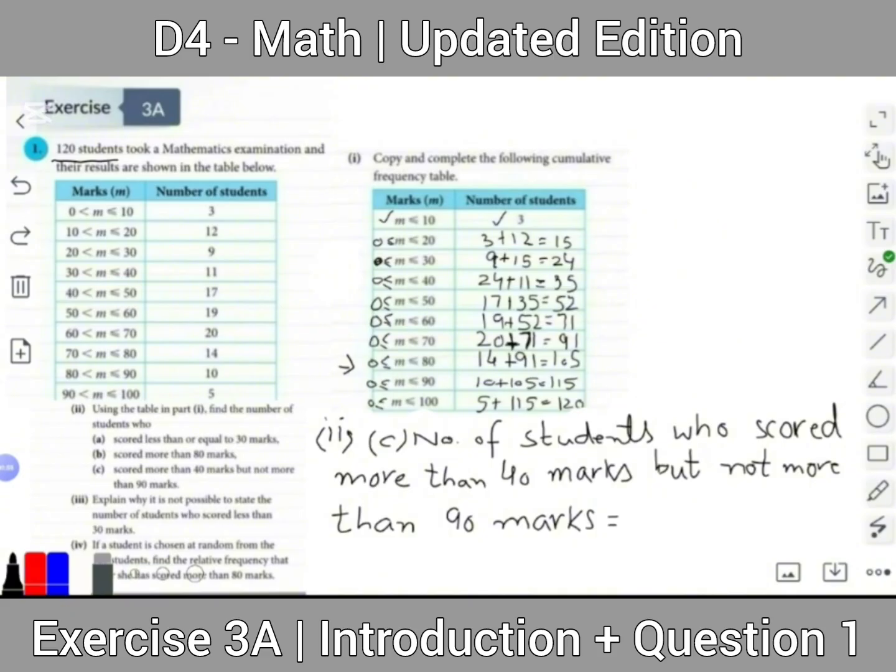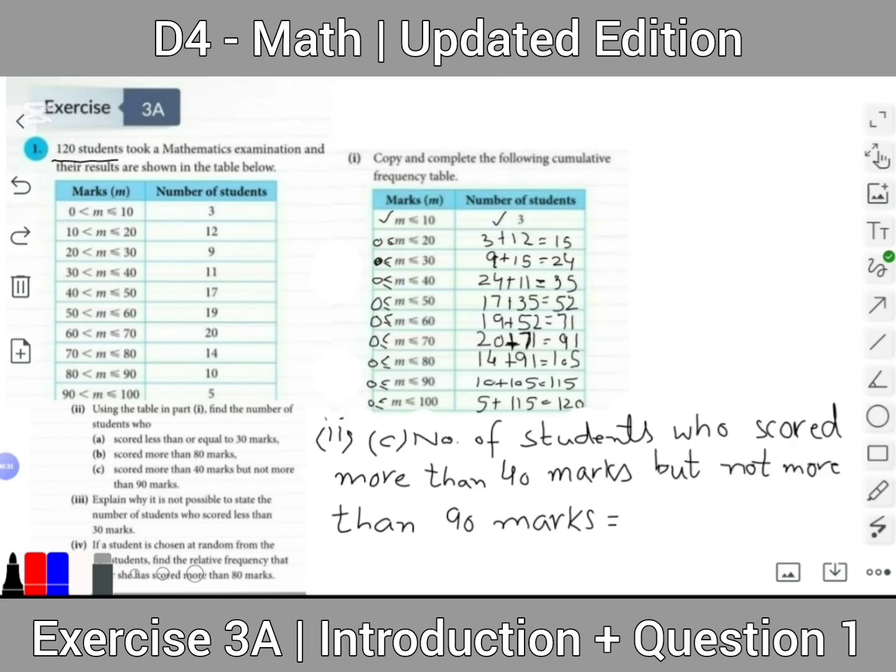We have to identify the entries that show the number of students who scored less than or equal to 40 marks, and the number of students who scored less than or equal to 90 marks.